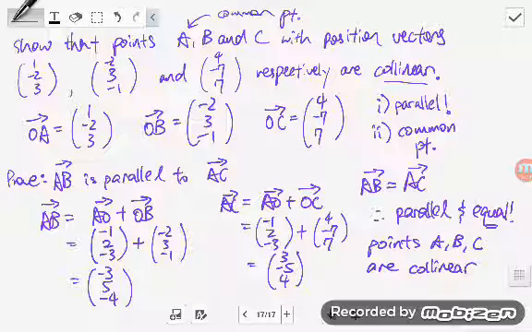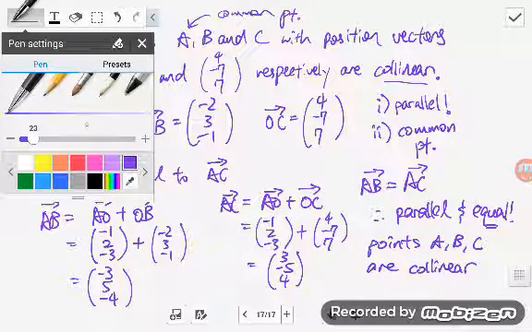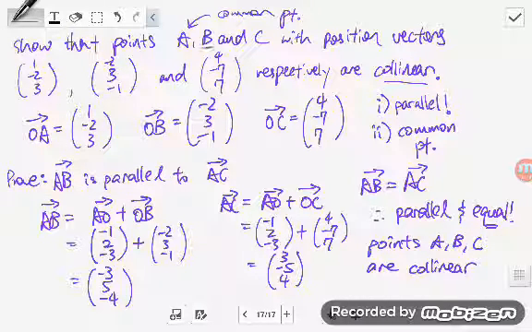If you want to try on your own, try a different common point. Maybe you can choose point B as your common point and see if vector AB is parallel to vector BC.